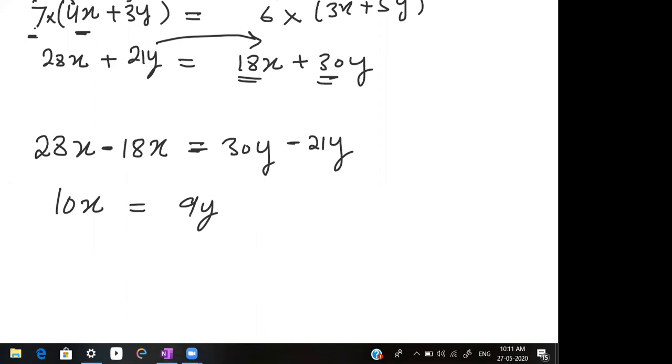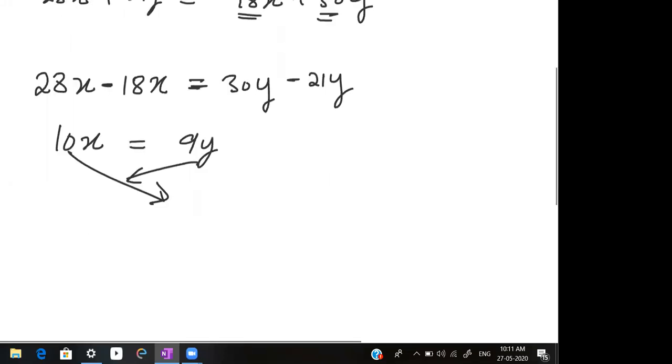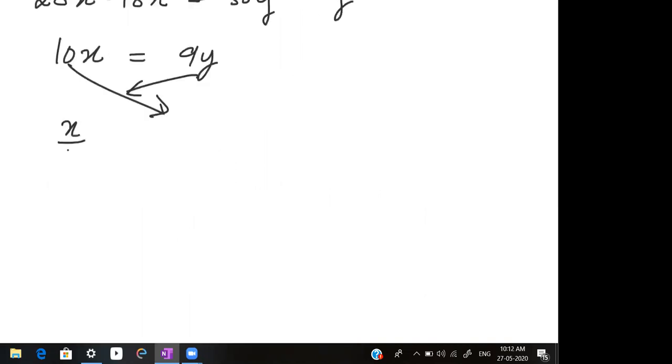Okay, so now what you have to do, transfer this y here in the denominator and x here in the denominator. So you will get x upon y, because I am transferring y here, y is in multiply, it will come in divide. And also I am transferring this 10 in the right hand side, so it will also come in the divide of 9.